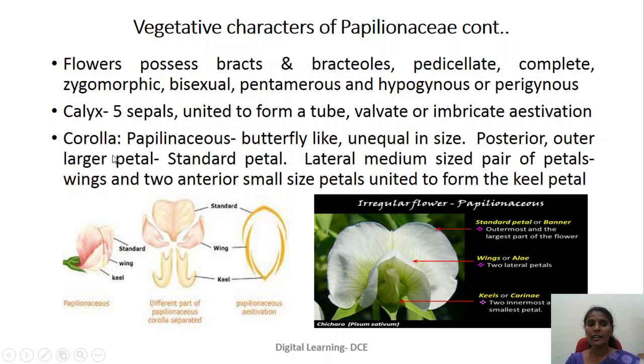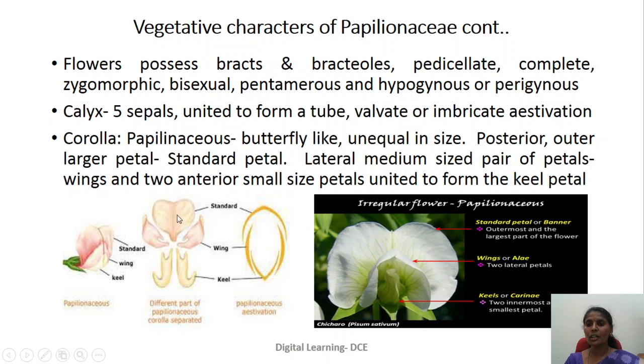Next, corolla. It is the second whorl of a flower. The individual units of corolla are called petals. The corolla is papilionaceous in nature, that means butterfly-like. The petals are unequal in size.